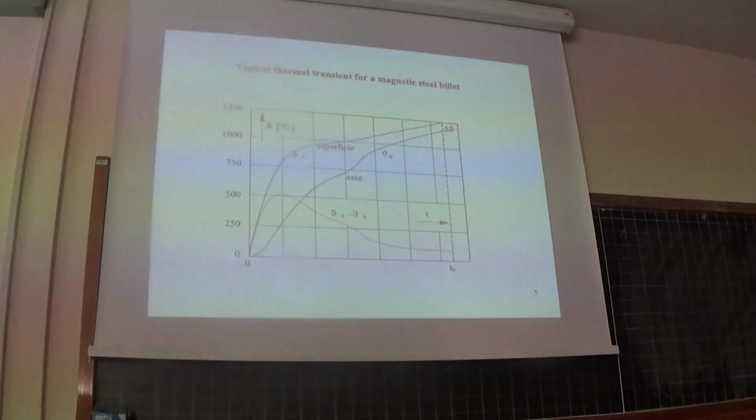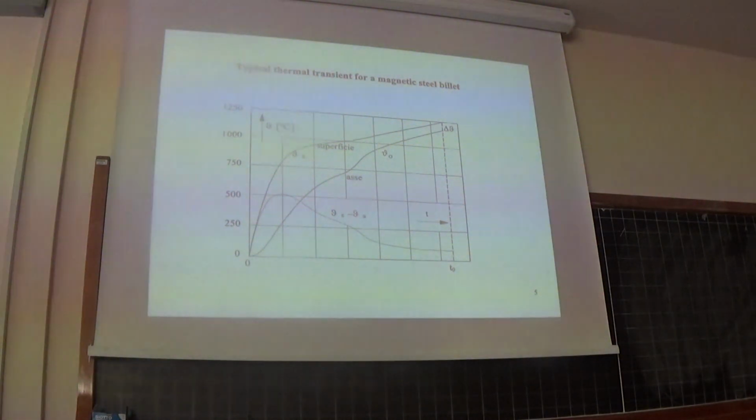It means that I put some energy into the workpiece, but this energy is not translated in a temperature increase, but is translated in the transformation of the structure of the material. This is the reason why there is a part of the thermal transient which is completely different from the other. We can say that we have no slope, no temperature increase, but transformation.